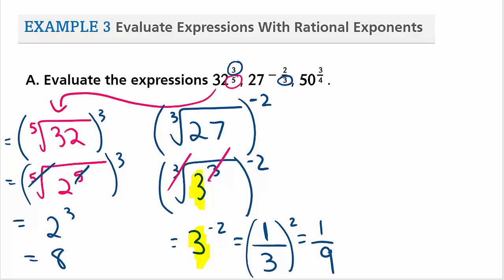The last question, we're looking for the 4th root of 50 cubed. So we're looking for a number that's multiplied by itself 4 times, so we can cancel out that 4th.